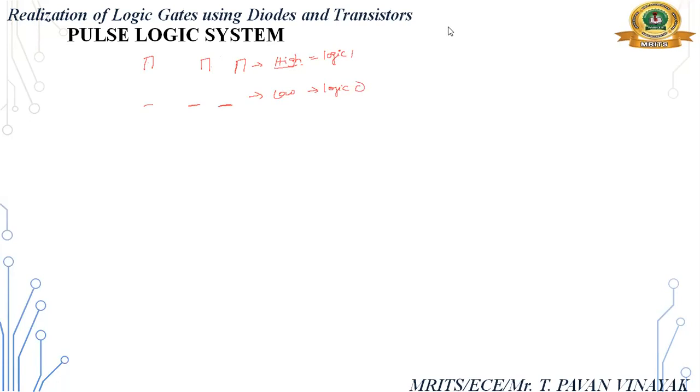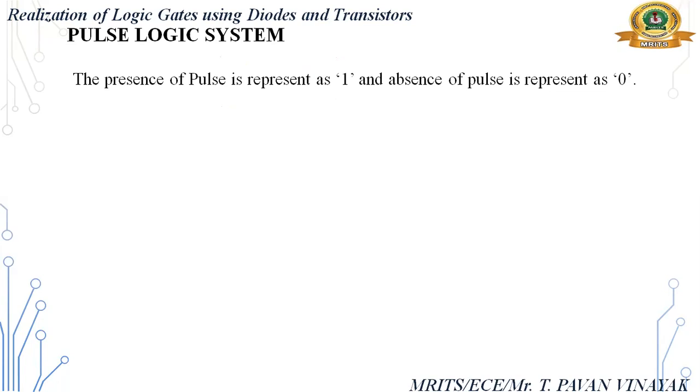That is the pulse logic system, also known as the dynamic logic system. The presence of a pulse represents 1, and the absence of a pulse represents 0. Mainly, this logic system is used in digital communications.